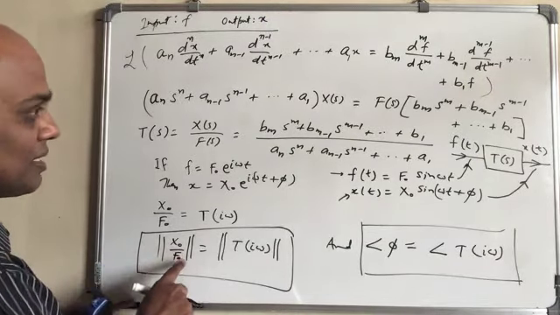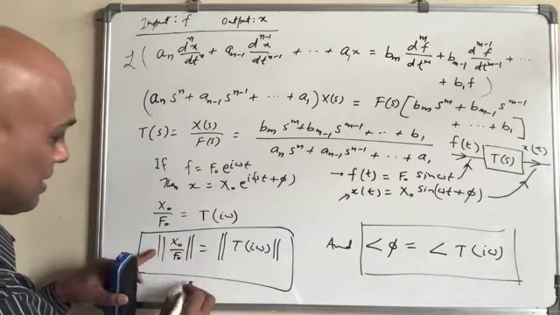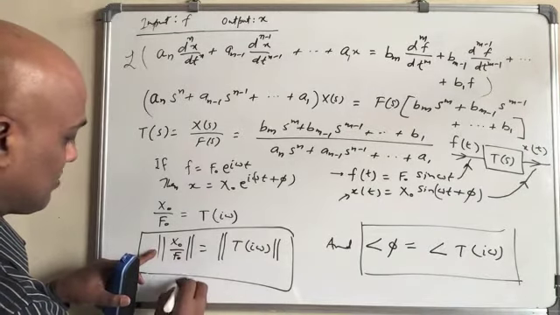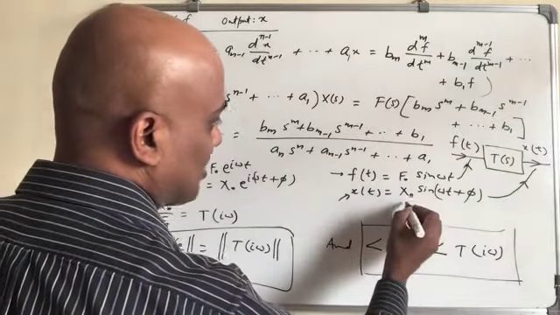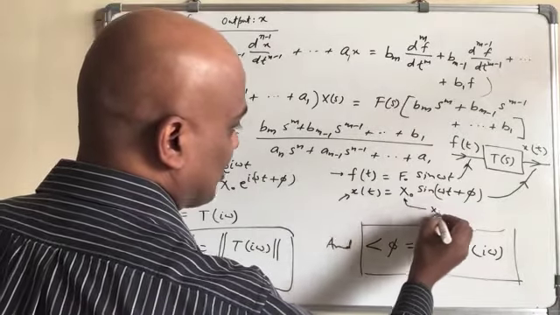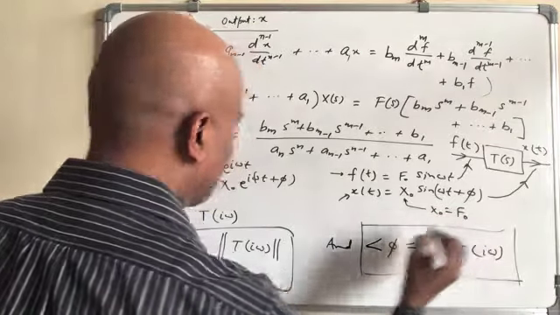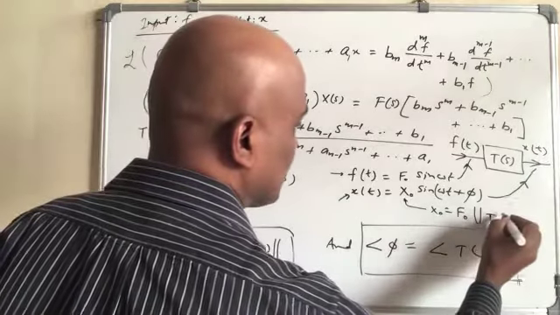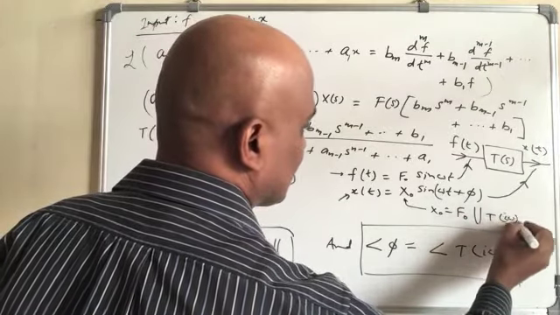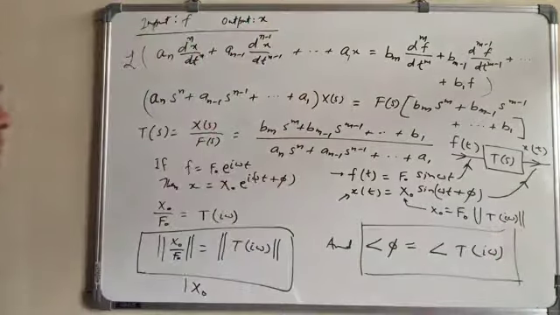Yeah, so x naught is given by what? X naught will be, the magnitude is, so you can write here, x naught equal to f naught times T(iω) simply.